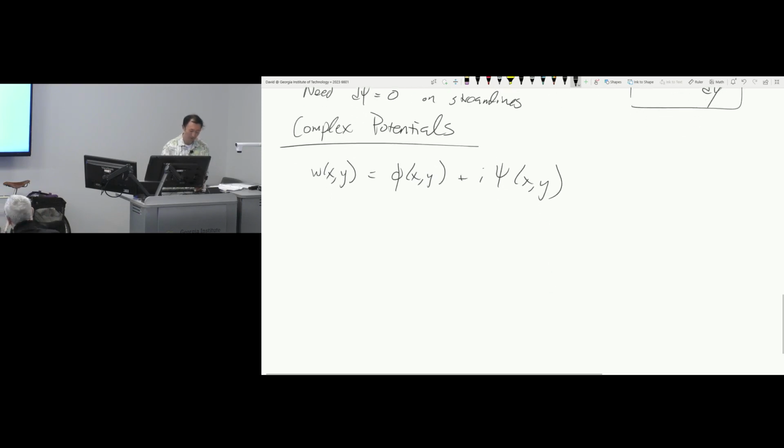Why do they call it that? Because it has both real and imaginary parts. The real part of the complex potential is just your regular potential, which you learned in undergraduate, and the imaginary part is given by the stream function.